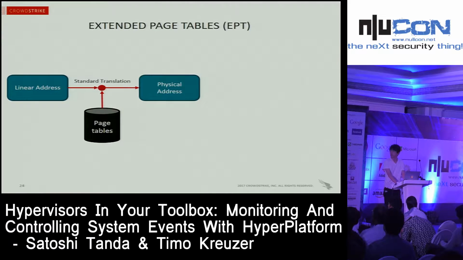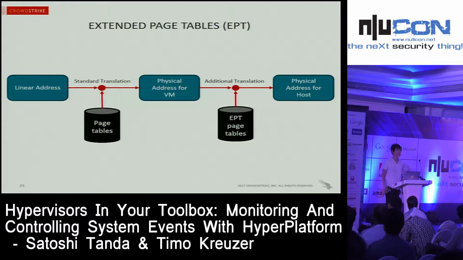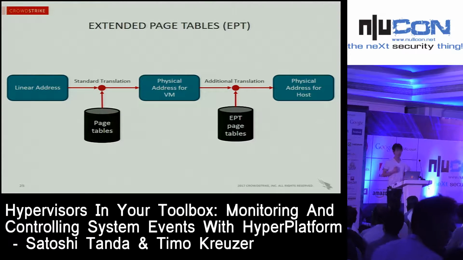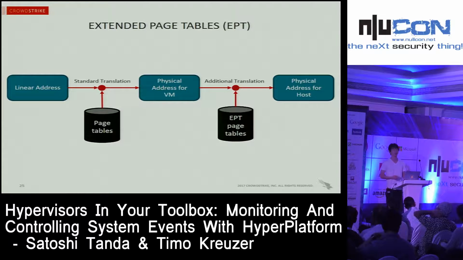And once EPT is enabled, the processor uses that physical address as input as well, and consults the other data structure named EPT page tables, which is introduced with virtualization technology, does a similar translation and gets the final, actual physical address.